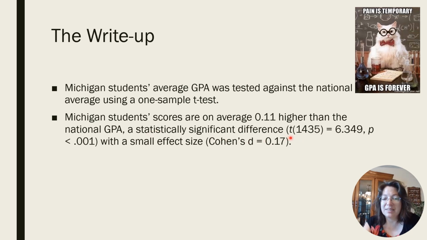And here I present my t-statistic, but first I put the degrees of freedom in parentheses, and then the actual value of the t-statistic. Then I put the p-value, p is less than 0.001, and then I say with a small effect size. And then I present the actual value of the effect size. So all of those three tables of results, all they equal to is basically 2 sentences.